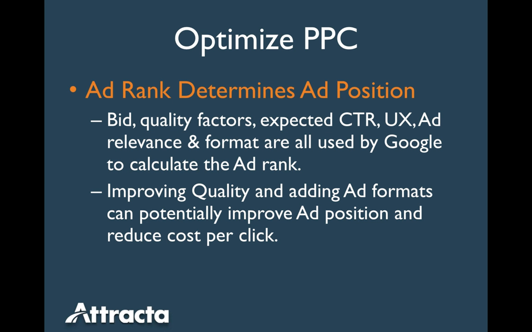Very importantly, the relevance and the format are very important when Google are calculating ad rank and ad position. Joe touched on site links and extensions, and we'll get onto that in a moment or two. But ultimately, improving the quality of your ad and adding additional ad formats can certainly improve the ad position and the ad rank.